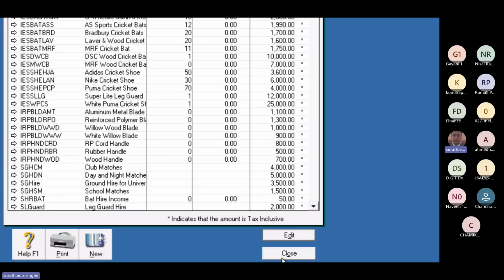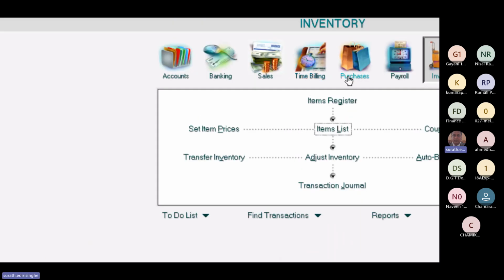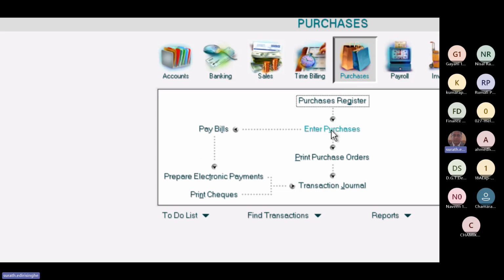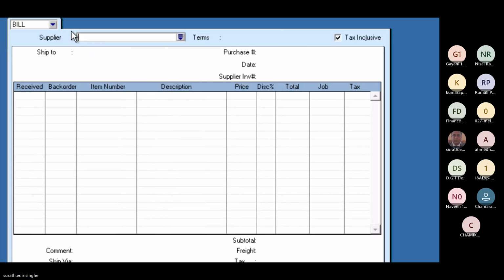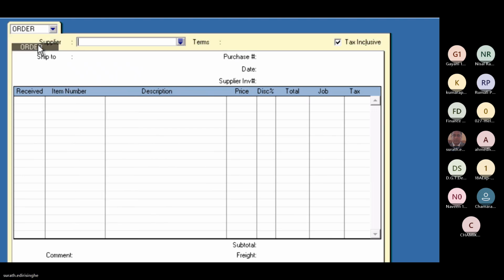Now there is my purchase order. Go to the purchase, enter purchase, bill, order.